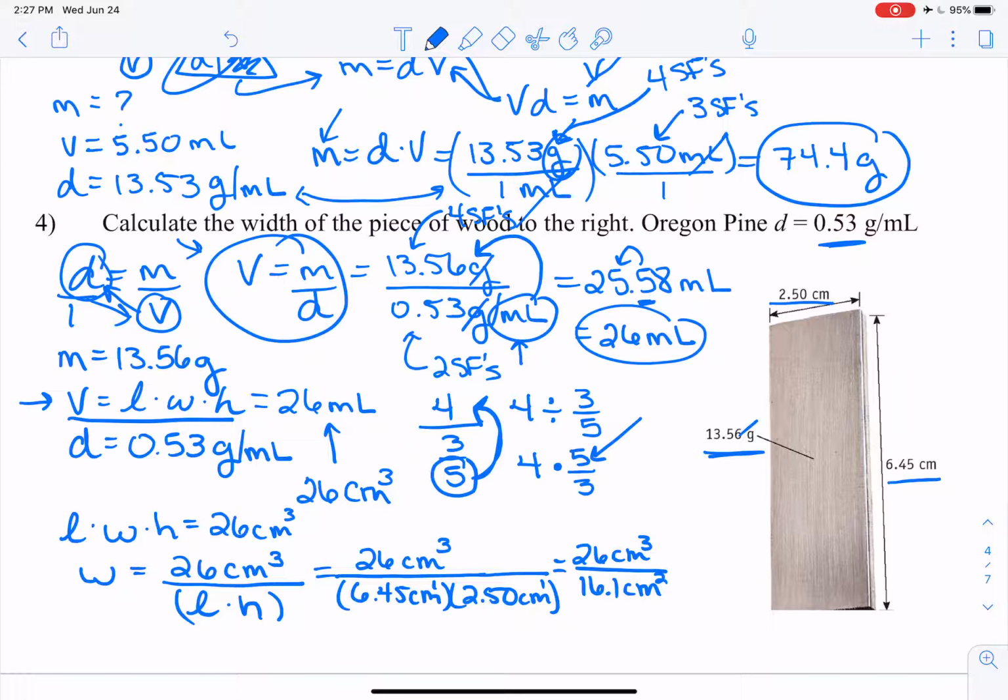And now what we're going to do is 26 divided by 16.1, and 26 has 2 sig figs, and 16.1 has 3 sig figs. So how many significant digits will you have in your answer? You will have 2, because those are the rules.